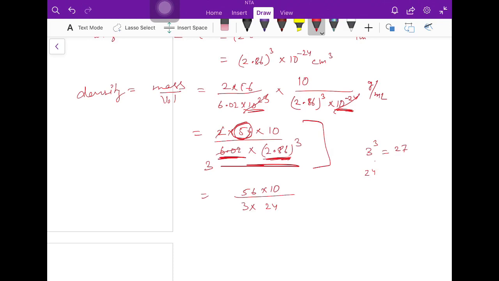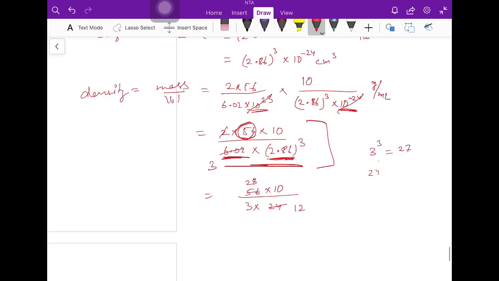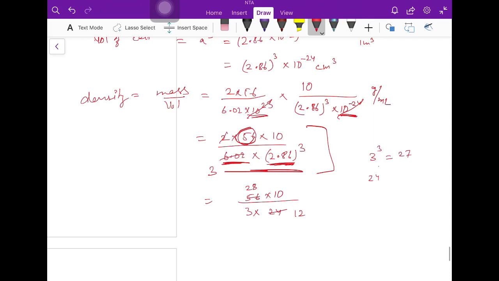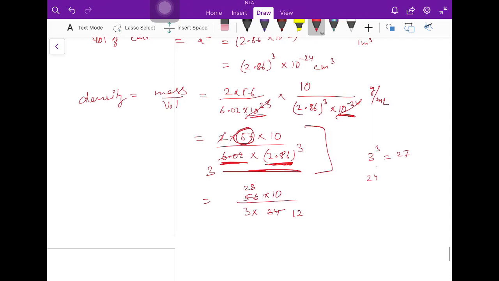So 24, this is 28. What we get now is 24, 280.